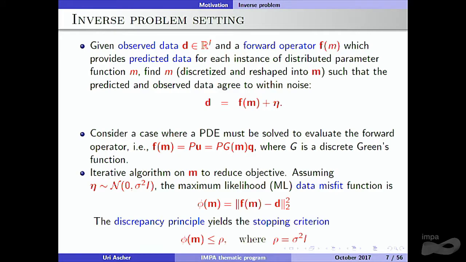but also we have the discrepancy principle that says that we want to iteratively find M eventually such that phi of M is below a tolerance rho that is given by sigma squared, the constant volatility, times, this is not identity, this is L, the number of data from here. Okay?